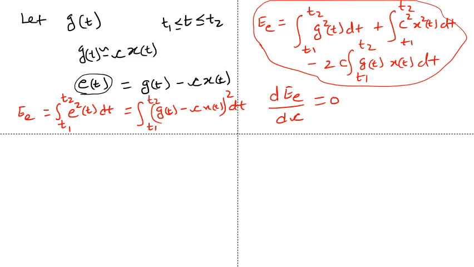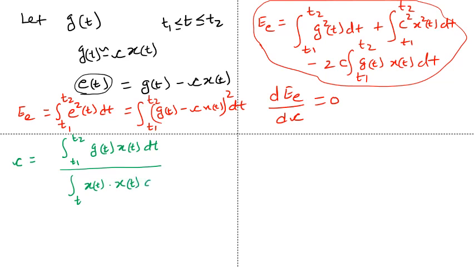If we differentiate this expression of E and equate it to 0, we get c equal to the integral from t1 to t2 of g(t) x(t) dt, divided by the integral of x(t) times x(t) dt, with limits from t1 to t2. So that's the value of c which minimizes the error.